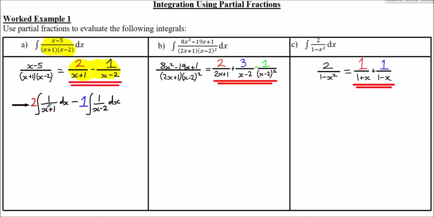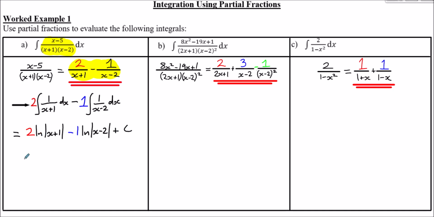Because the derivative of x plus 1 goes to just 1, as does the derivative of x minus 2. So we're going to get the natural log of x plus 1 and the natural log of x minus 2 as well. So this is going to become 2 lots of the natural log of the modulus of x plus 1 minus 1 lot of the natural log of mod of x minus 2, and then of course plus c, where c is some constant.